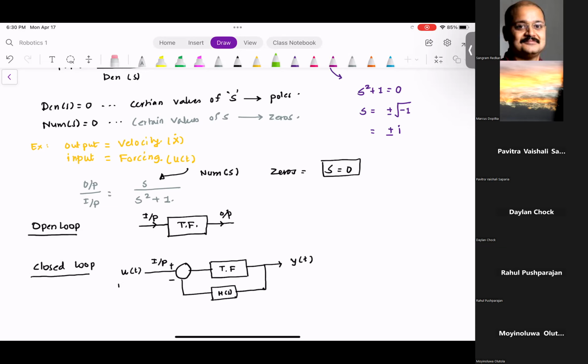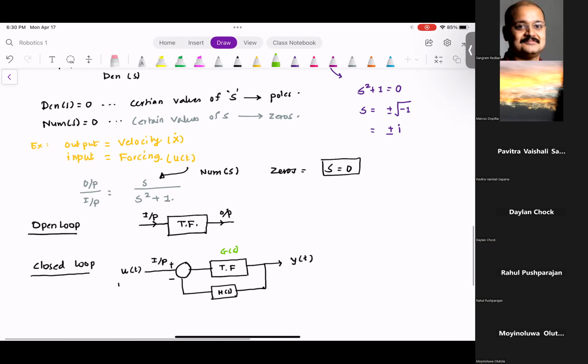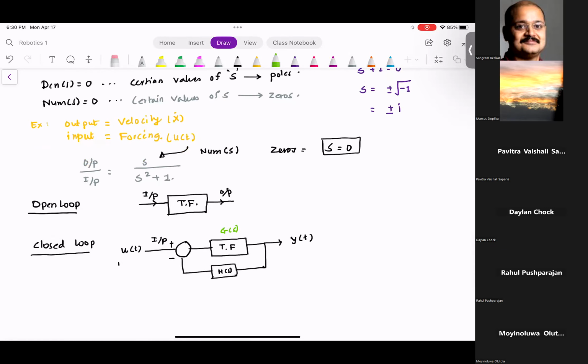Typically the transfer function is denoted as G of s. And you have a feedback here, which is H of s. So this is the transfer function of the feedback.